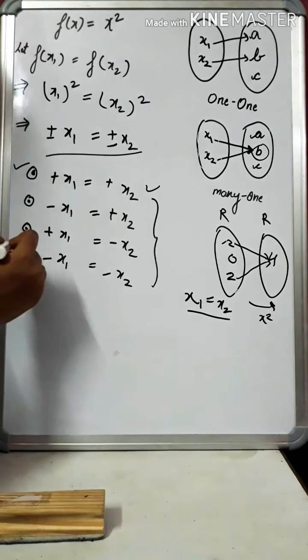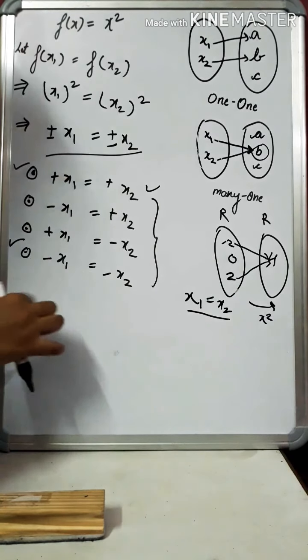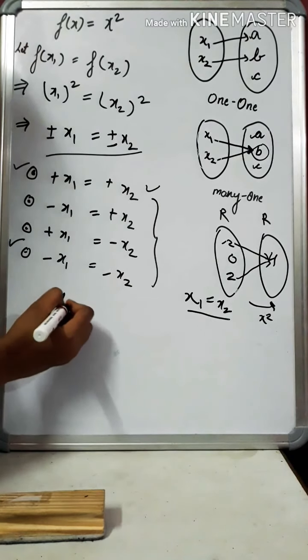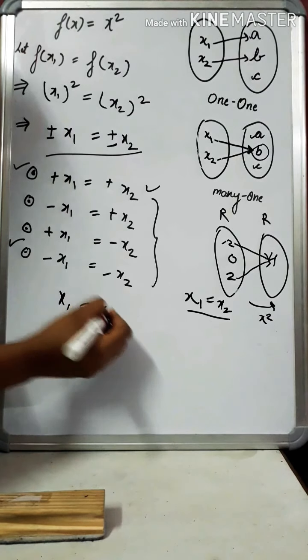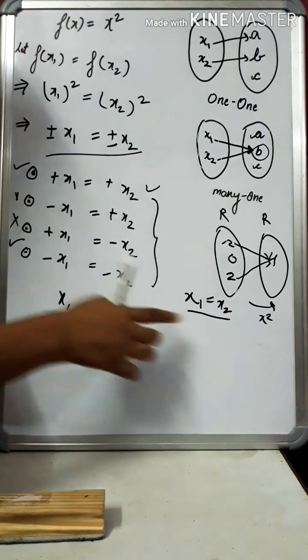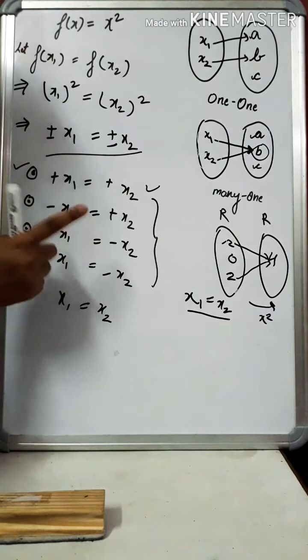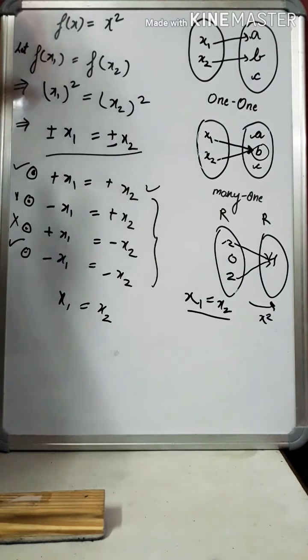See this statement. This can also be justified, because if you cancel minus minus, still you will get x1 is equal to x2. But for these two, x1 is equal to x2 cannot be justified, right? So x square comes out to be a many one function, not a 1 1 function.